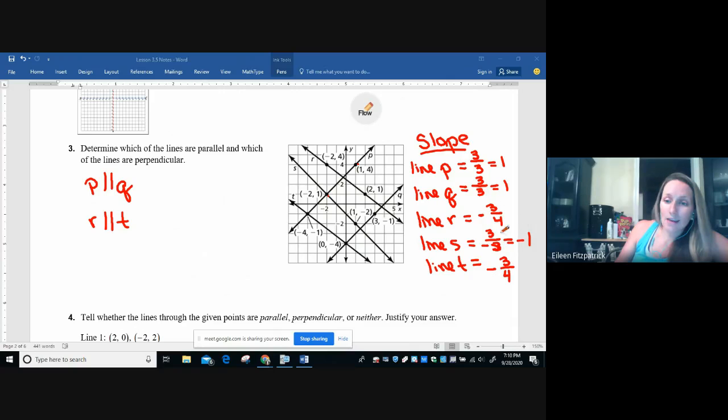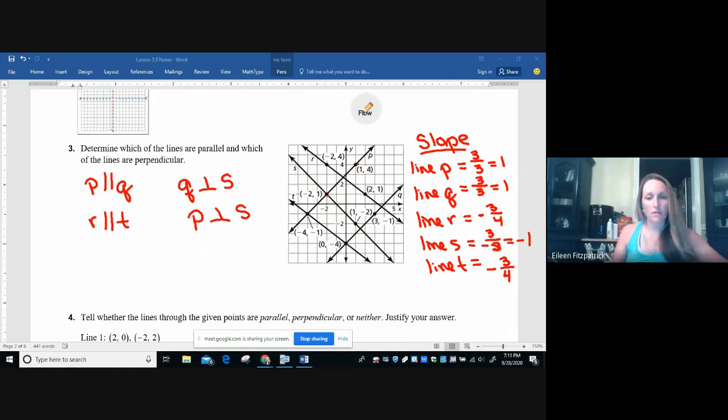So 1 and negative 1 are opposite reciprocals. So Q and S are perpendicular. Q is perpendicular to S. And then also 1 and negative 1 again, P and S are perpendicular as well. P is perpendicular to S. All right, so 2 sets of parallel lines and 2 sets of perpendicular lines.